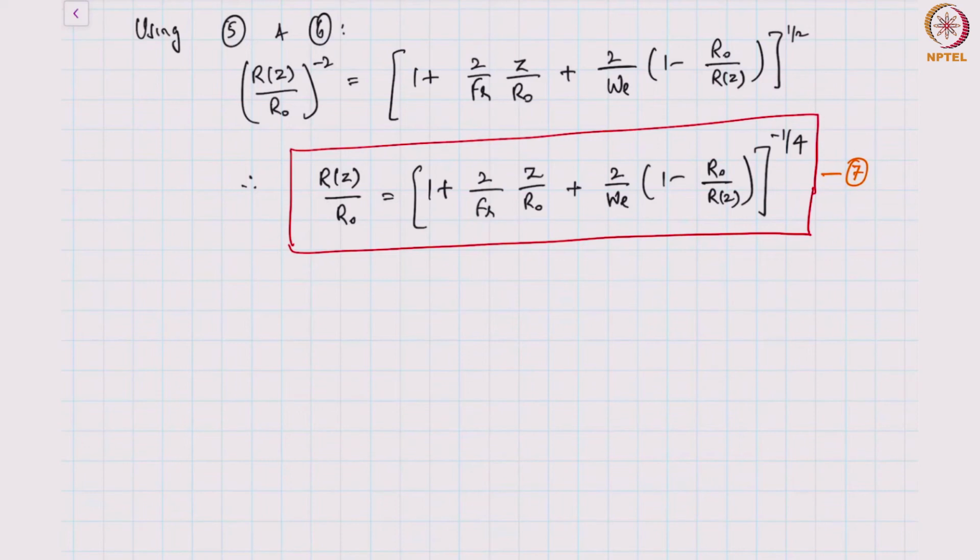Okay. Now I can take the fourth power on the left hand side. I get r of z by r naught power minus 4 will be this expression here.